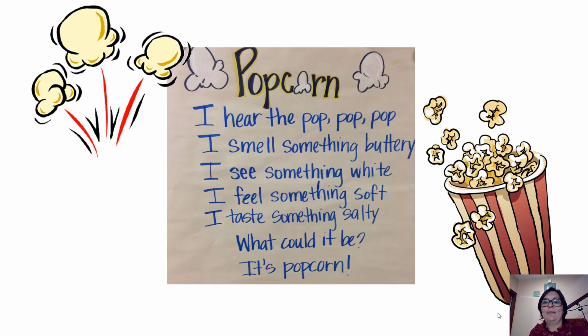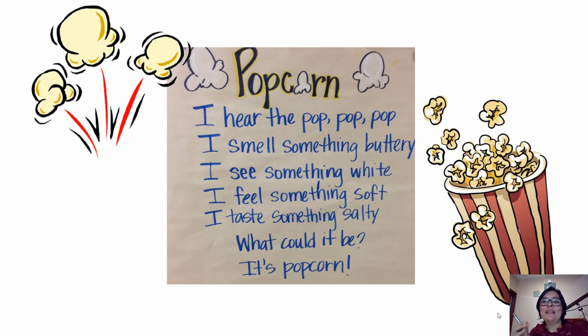cooking the popcorn. I smell something buttery, something that smells delicious. I see something white. How do you know that something is white? By your eyes. So you are describing how that object sounds, how that object smells, how that object looks.